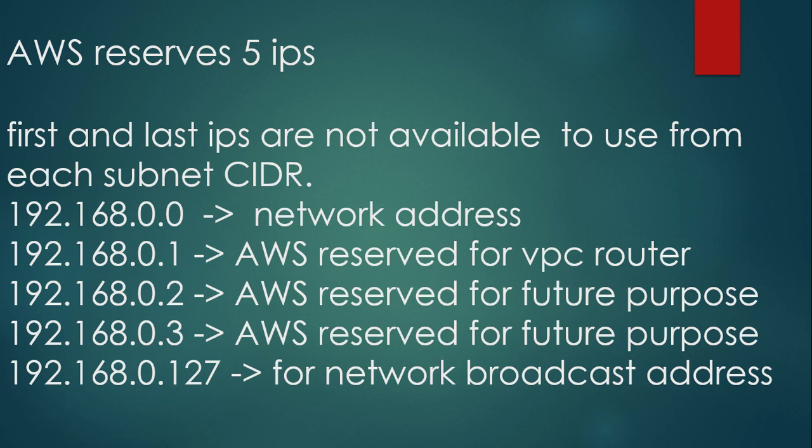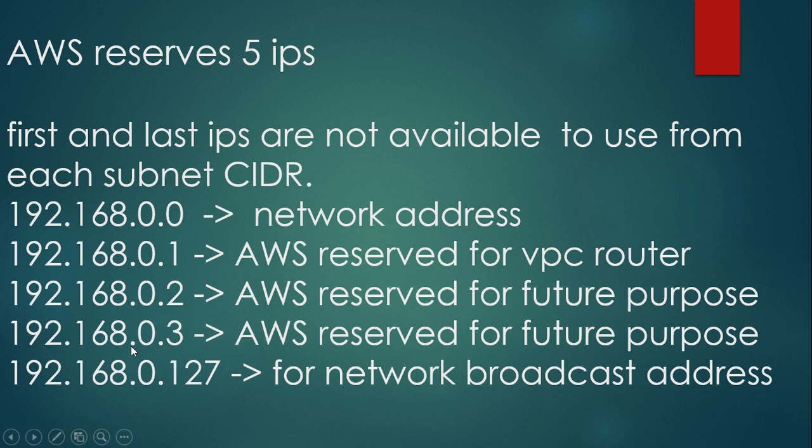The second, 192.168.0.1, is reserved for the VPC router. 192.168.0.2 is reserved for future purposes. In the future, if you launch any AWS load balancer or any resource, it is going to assign IP addresses for those resources. For that reason, AWS reserves it for future purposes.